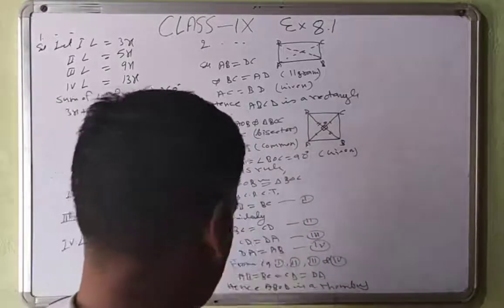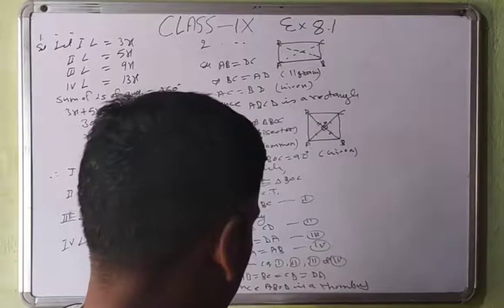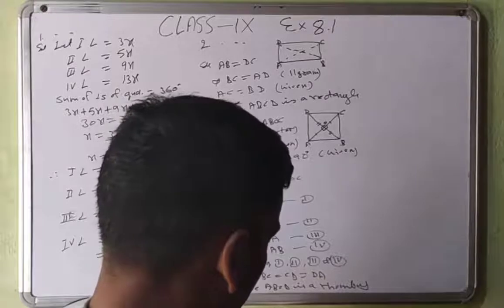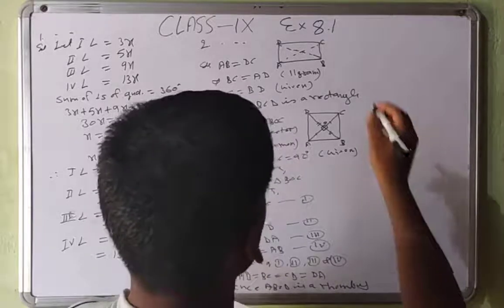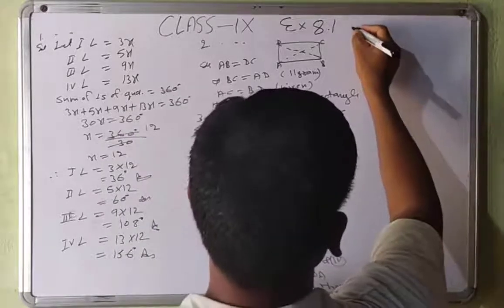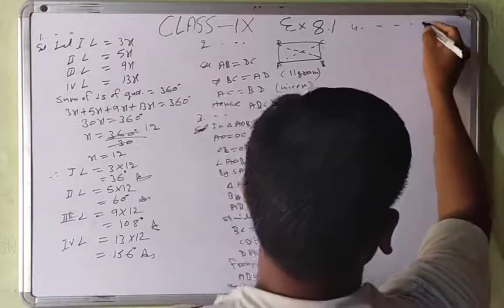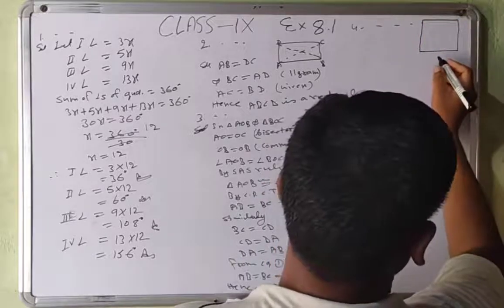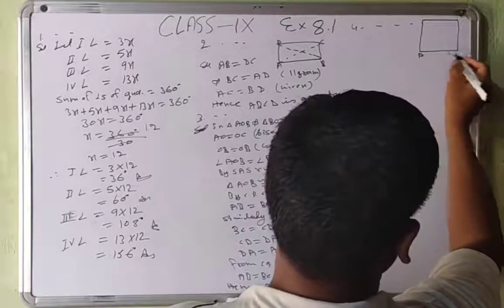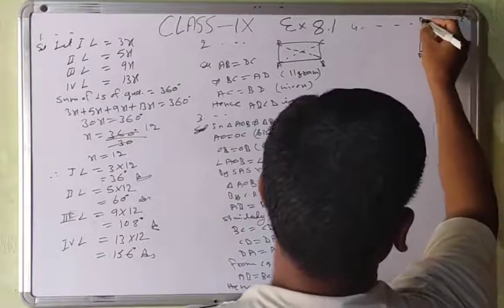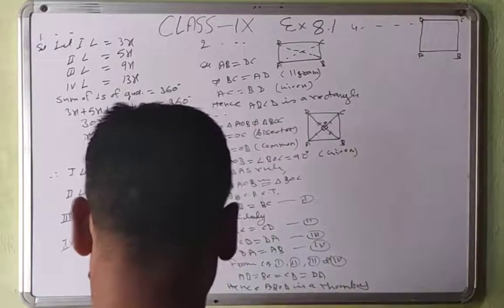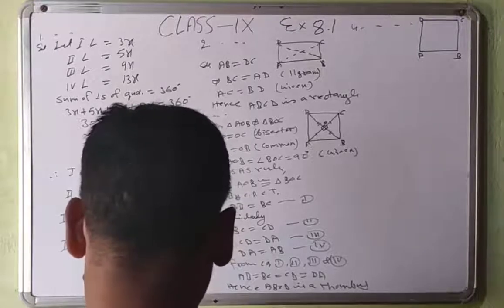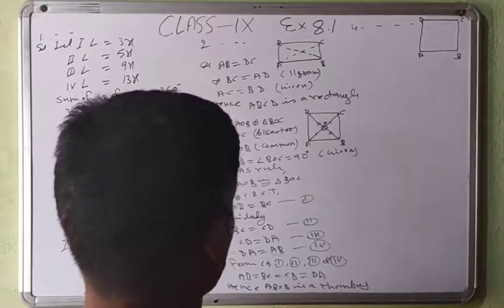And then the fourth question: the diagonals of a square are equal and bisect each other at right angles. Now the given is a square, which means all sides are equal with equal diagonals, ABCD. So we need to prove that the diagonals of a square are equal.